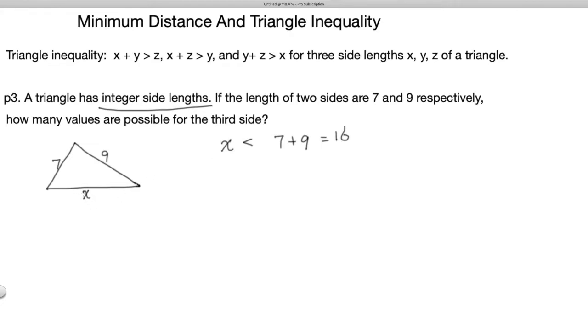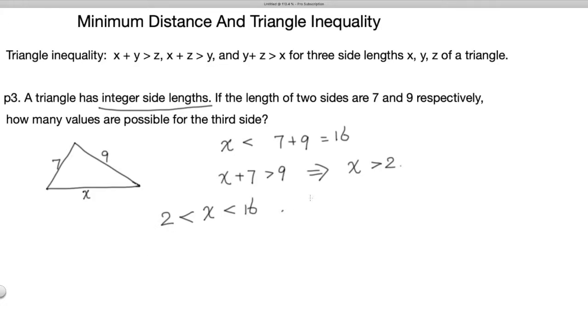Let's say x cannot be 1, because applying the triangle inequality to this side length, x plus 7 has to be bigger than 9, which means that x has to be bigger than 2. Combining these two inequalities, x has to be less than 16 and bigger than 2.